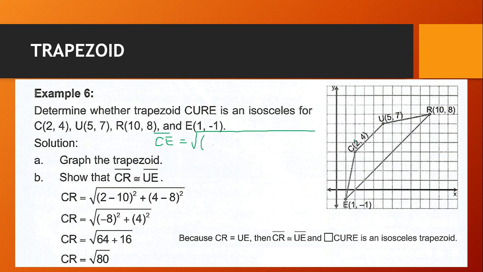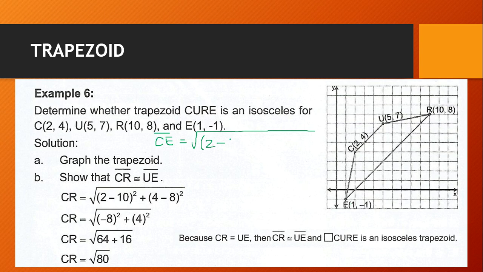So C man ang una, so the 2 is the x sub 2, then minus 1.